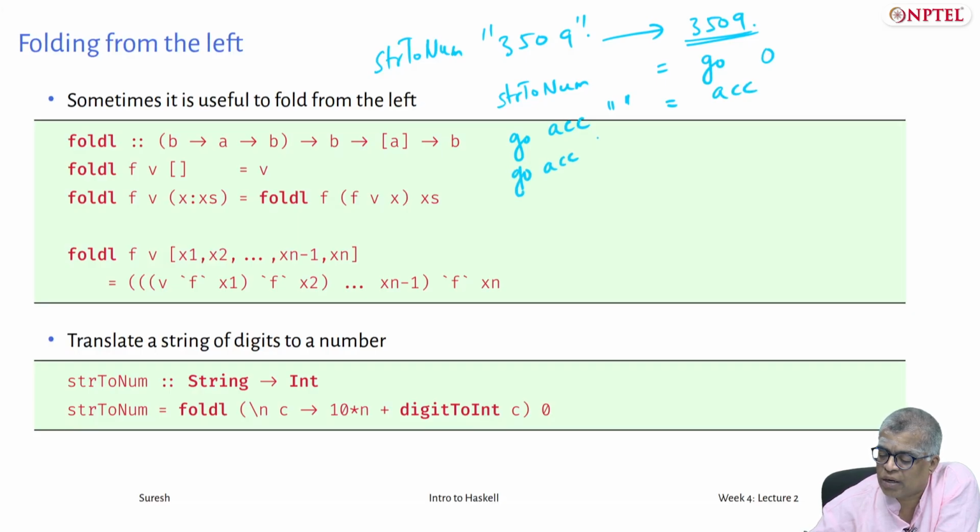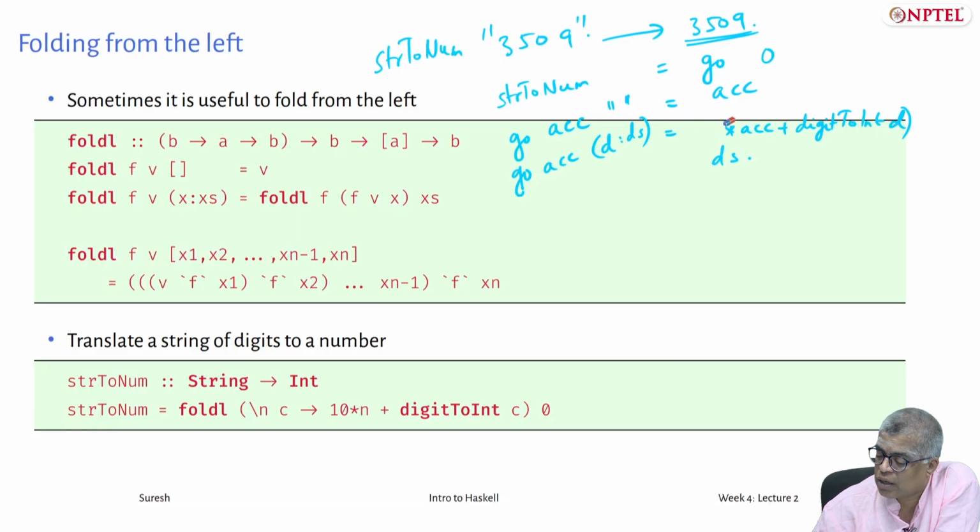Go accumulator, and if my string has a digit d followed by more digits ds, then what I will do is 10 times accumulator plus digit to int of d. That is my modified accumulator, and I will do go of this on ds.